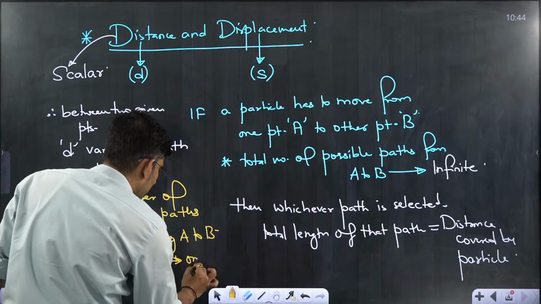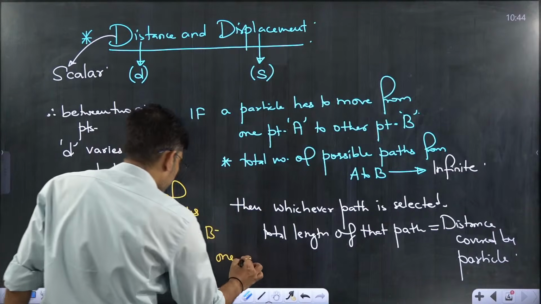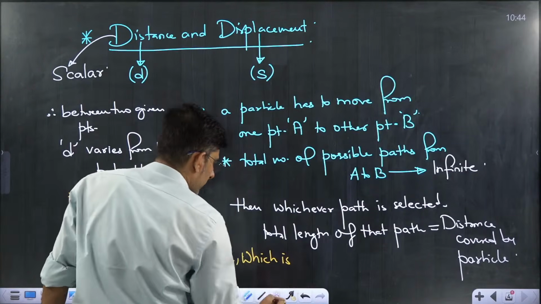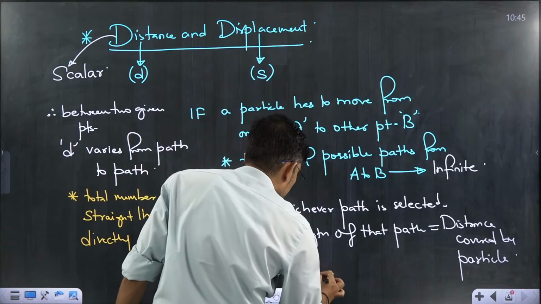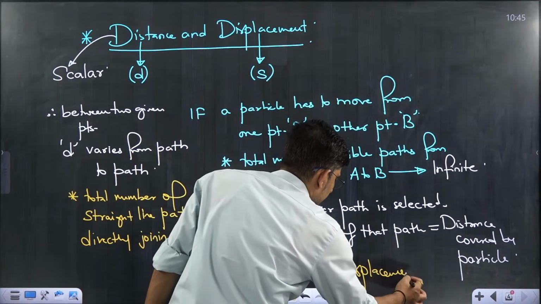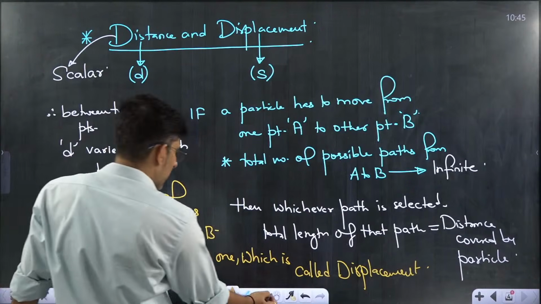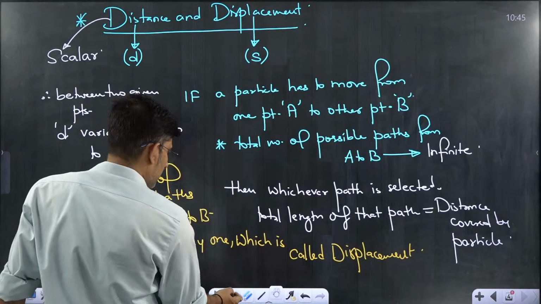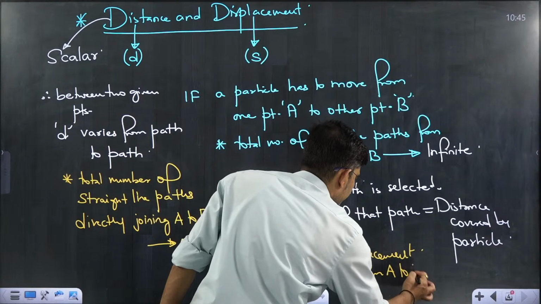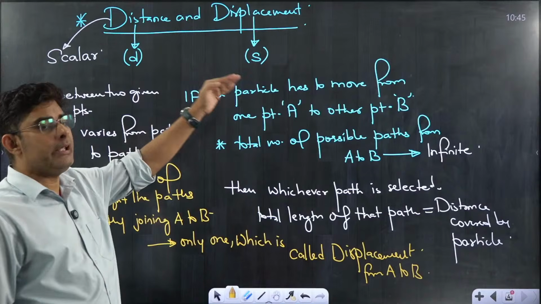So you only have one, and this only one is called the displacement from A to B. Now what happens when you are going from A to B along a straight line path?